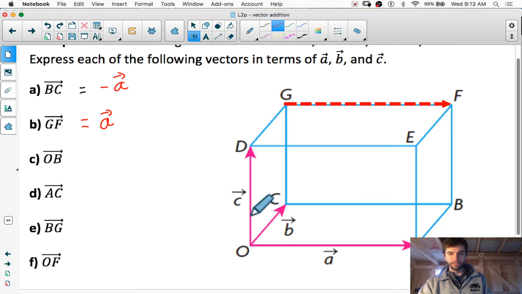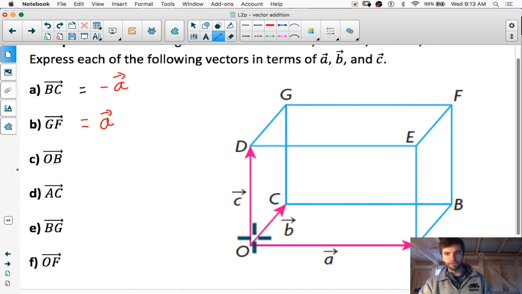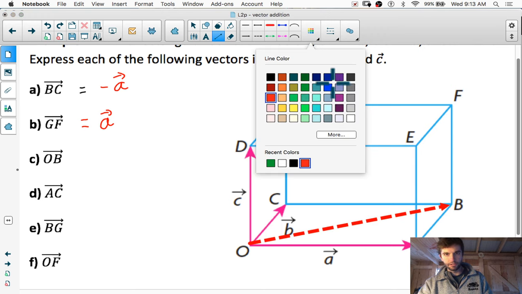How about vector OB? So vector OB, now we're going to have to start adding some vectors here. So vector OB, notice that to get vector OB, I can express it as a sum or difference of other vectors, and I can express it as a sum of vectors that are placed tip to tail together. So let me draw a couple vectors placed tip to tail, and you'll see what I mean.